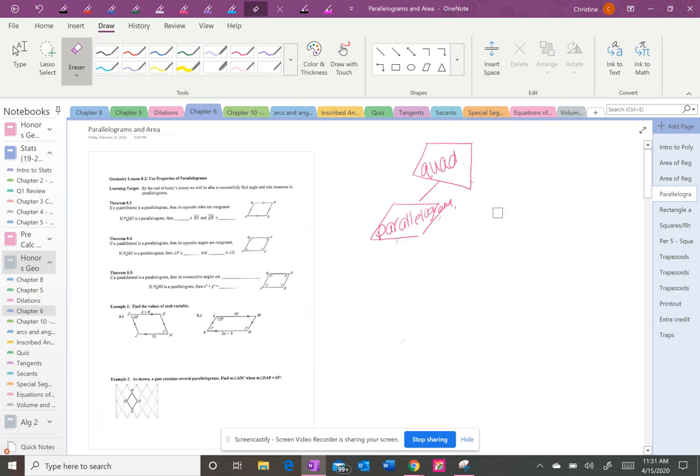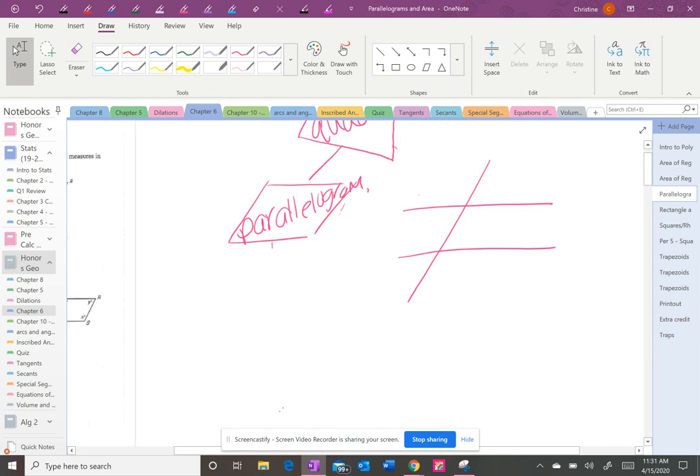Okay? We already know things about a parallelogram because we know things about parallel lines cut by a transversal. So imagine if I had two parallel lines cut by two transversals and the transversals were parallel to each other. That creates the parallelogram. So you should remember from the parallel lines lessons that these angles are the same and then these angles are the same.